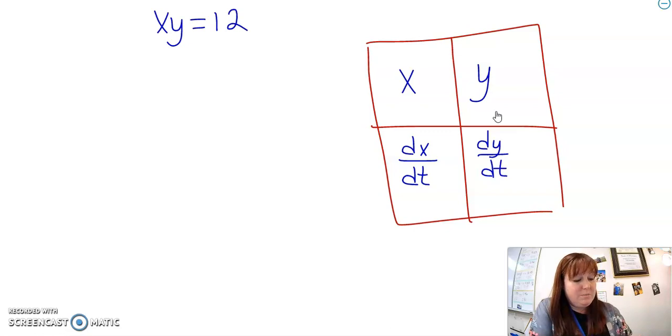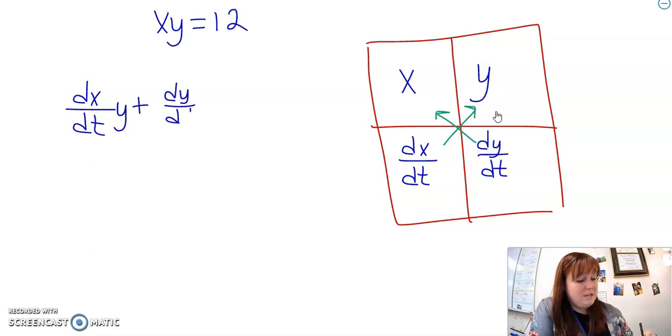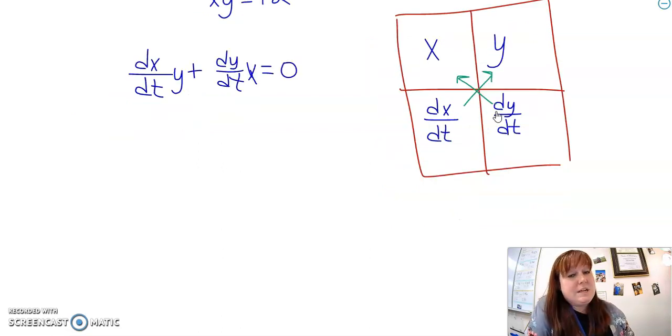So now I do f prime g plus g prime f. It doesn't really matter because, you know, associative property and all that. Okay, so dx/dt times y plus dy/dt times x. And then we differentiate the other side as well. The derivative of 12 is 0. Now we've got to get dy/dt by itself because that's what we're actually looking for, right?